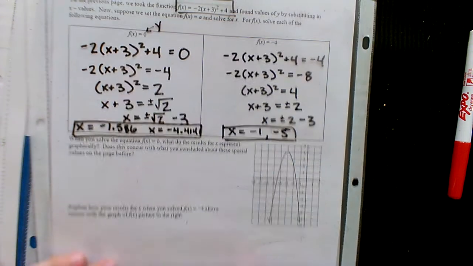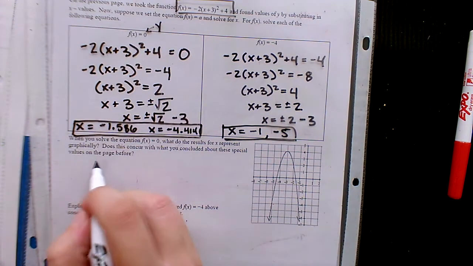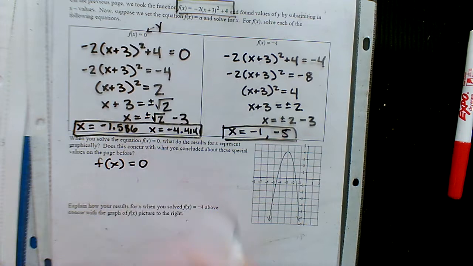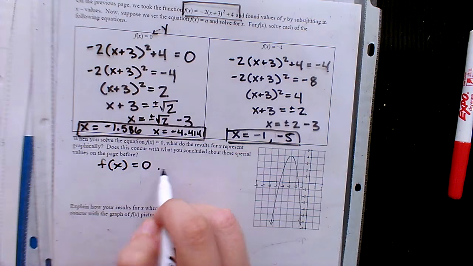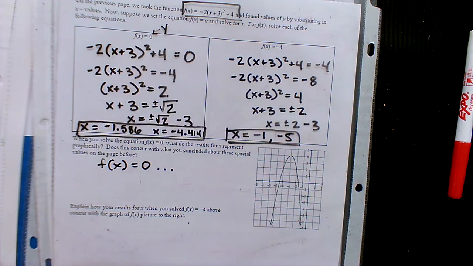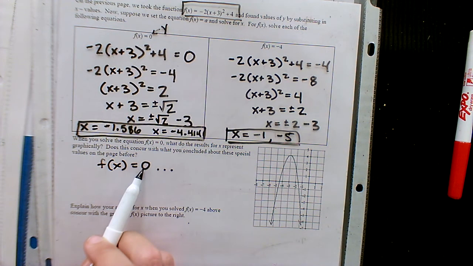Okay, what are we finding? So if we think about these first two answers, when we did f of x equals 0, what do you think these decimal values represented on our graph? Can we find them? What do they mean? What did we say this 0 represented?